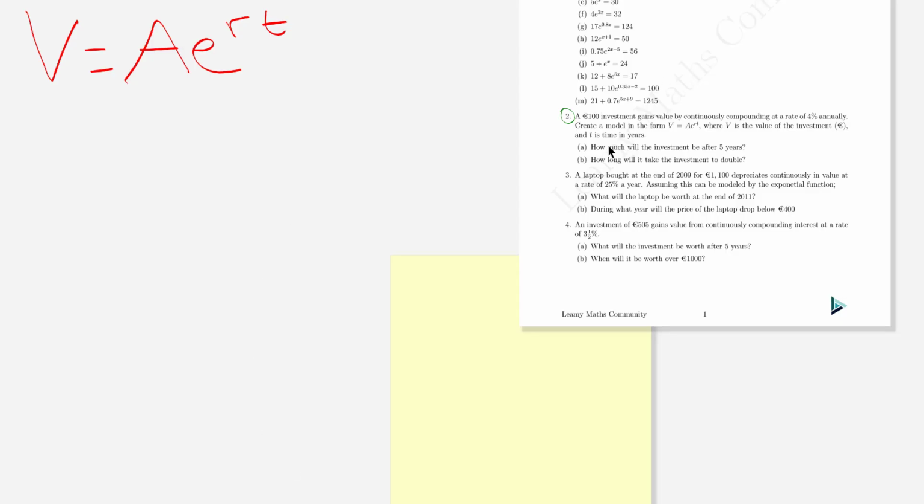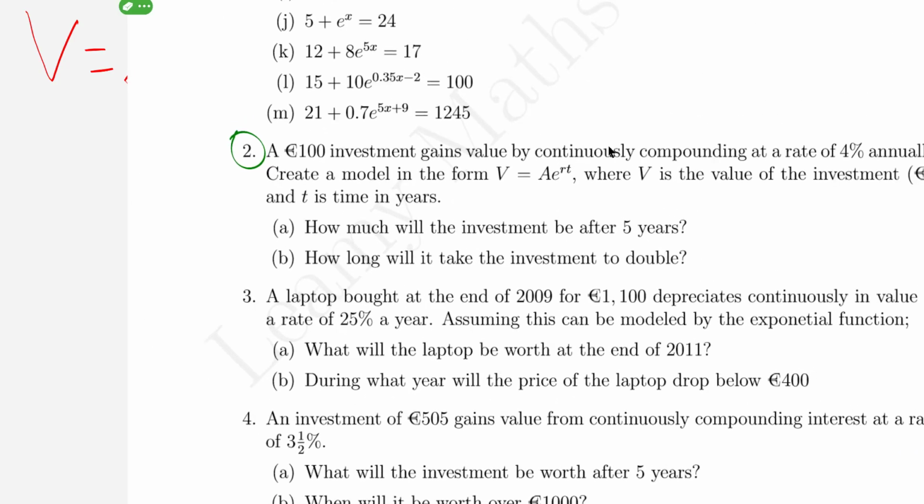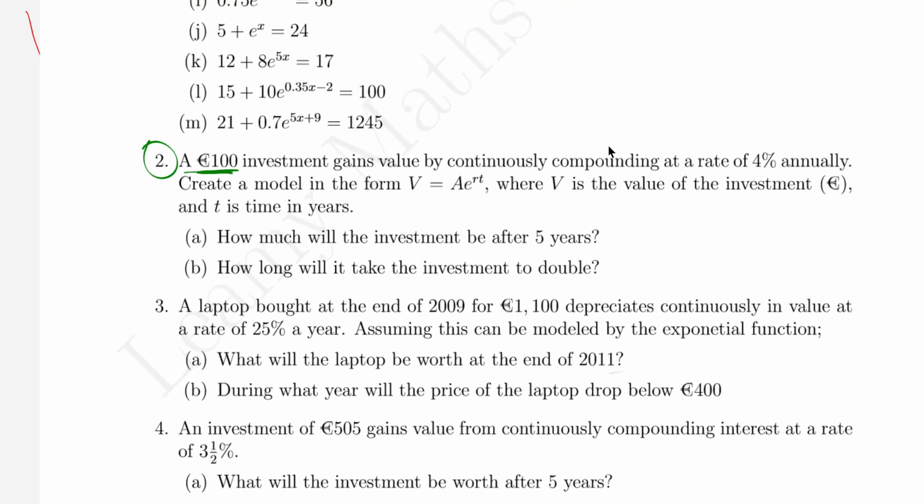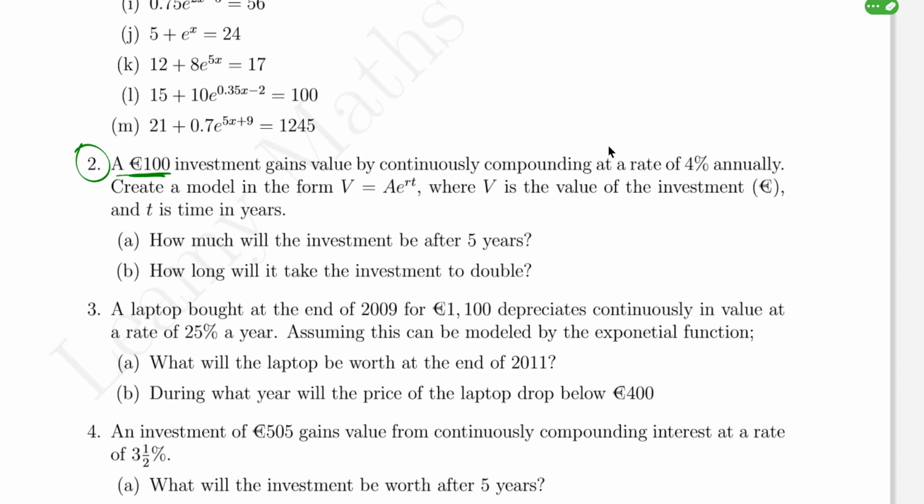If I read the question carefully, it was a €100 investment continuously compounding at a rate of 4%. So my initial value is €100 and my growth rate is 4%. So I have both pieces of information I need.